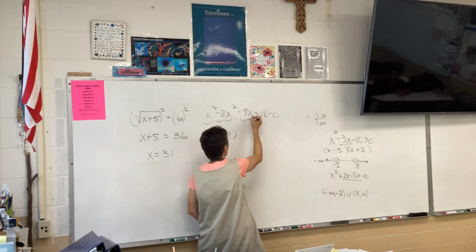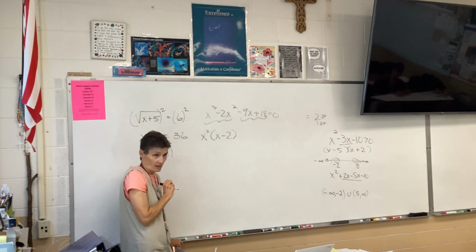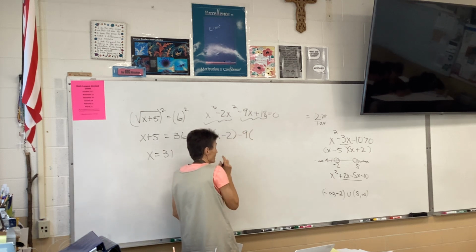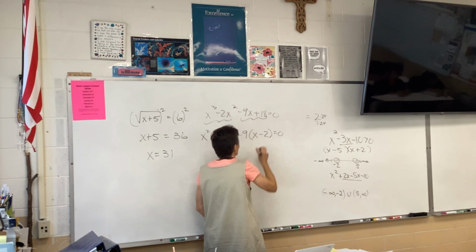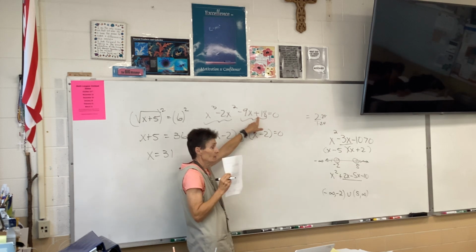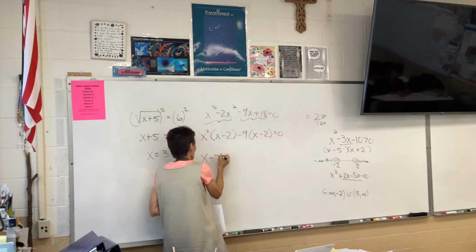Now be careful, what comes out of the last two? -9. And then what's left? X minus 2. We took out a negative, so that made that a negative. There's your common factor.